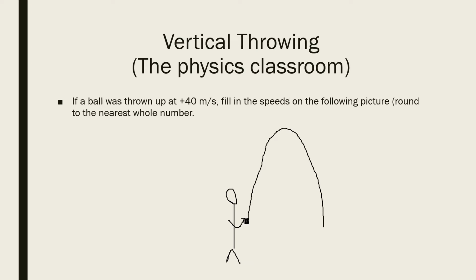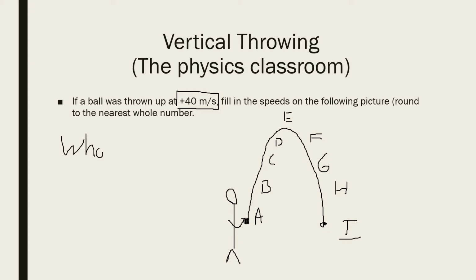You might remember the physics classroom problem said like A, B, C, D, E, F, G, H, I. And it said, okay, if the ball's thrown up plus 40, right? And then it said, what letter would it be, say, going downward 20? And then you could kind of count it out. But I'm going to ask a slightly different question.